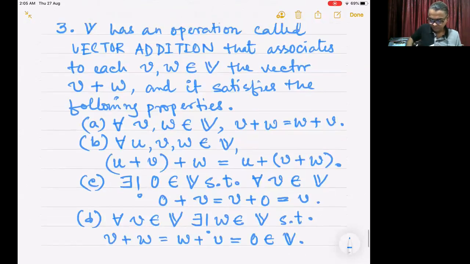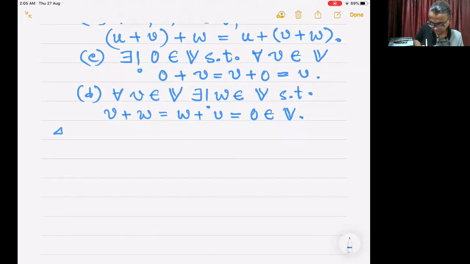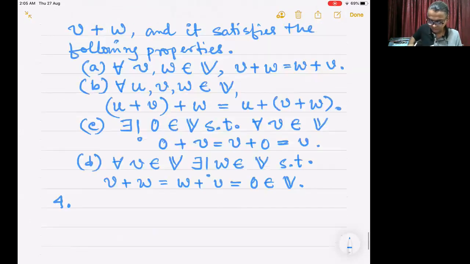Okay, this is one operation, the vector addition operation. Then comes the scalar multiplication operation.